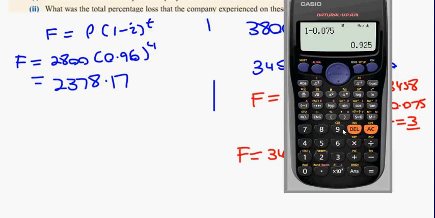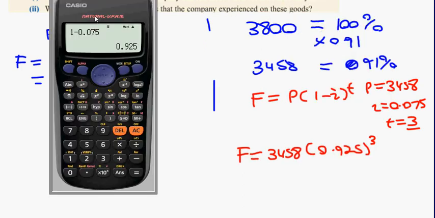So it's going to be 3,458 multiplied by 0.925 to the power of 3, and we're going to get 2,736.84.